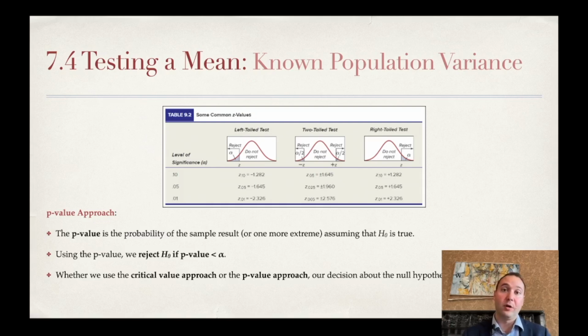As I said before, usually alpha is 5%. So if we see a p-value, meaning a probability of getting that test statistic or one more extreme, that is very, very small, less than our alpha, then we would reject our null hypothesis. Whether we use the critical value approach or the p-value approach, our decision will be the same.